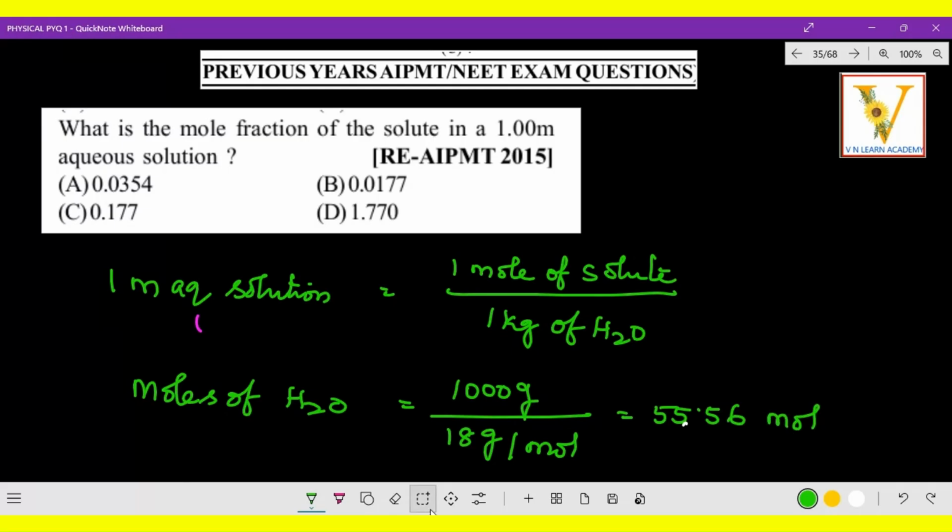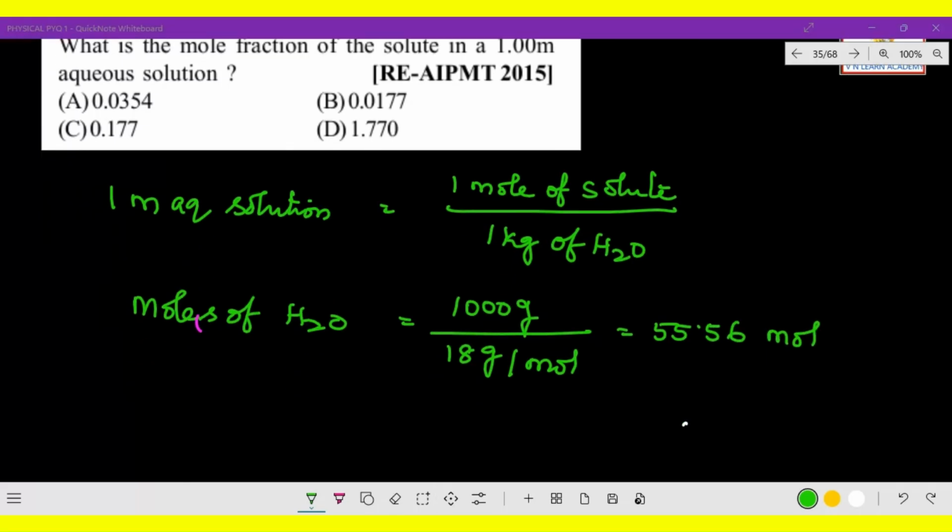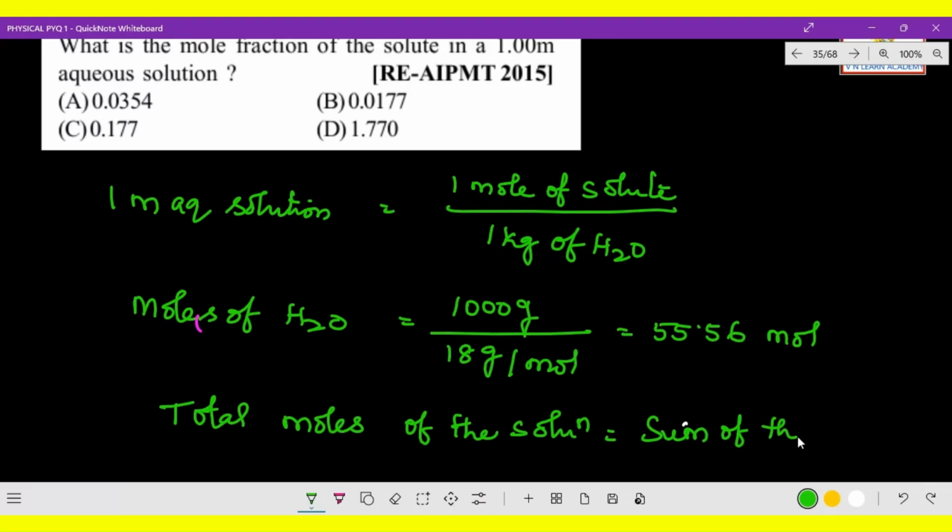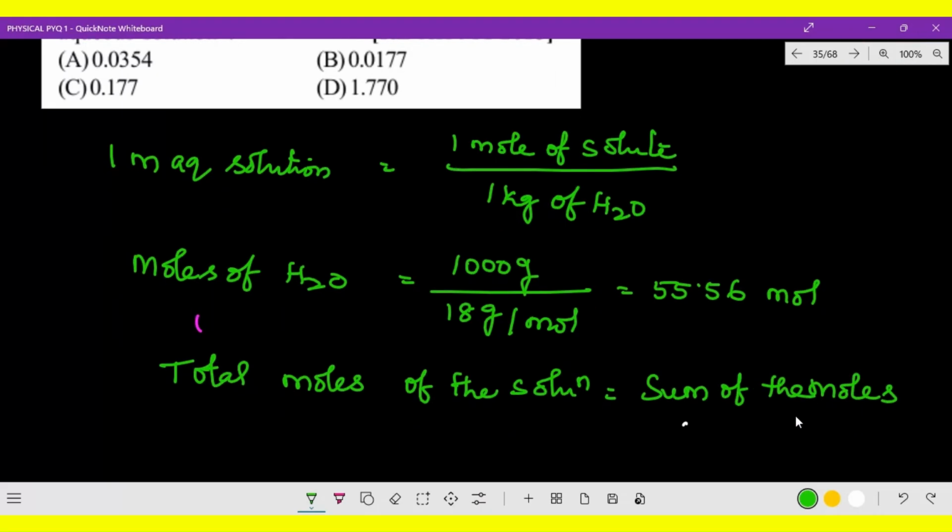Right, now total moles of solution. Because mole fraction is there, mole fraction means total moles. So total moles of the solution is equal to the sum of the moles of solvent plus solute. That is what mole fraction needs.